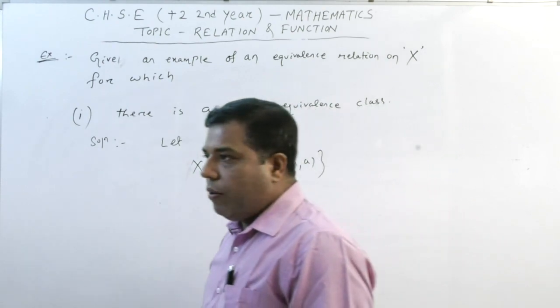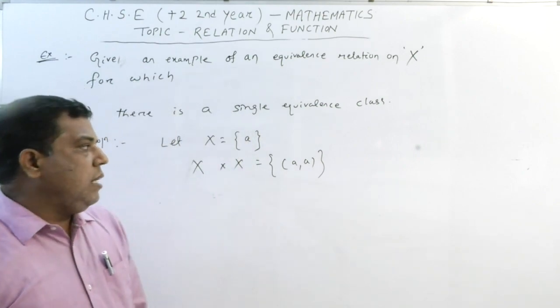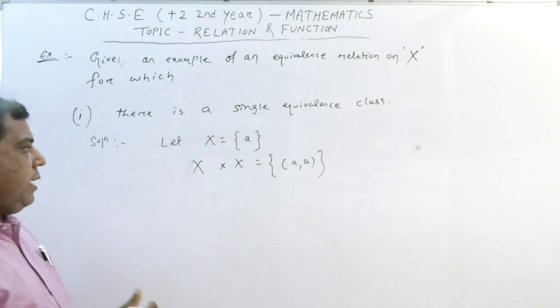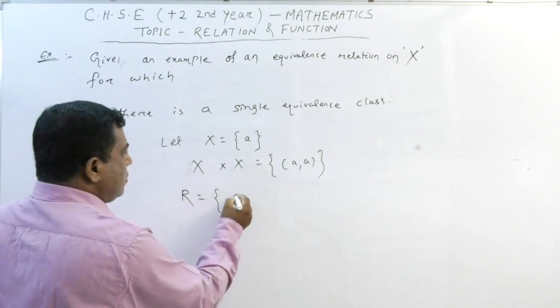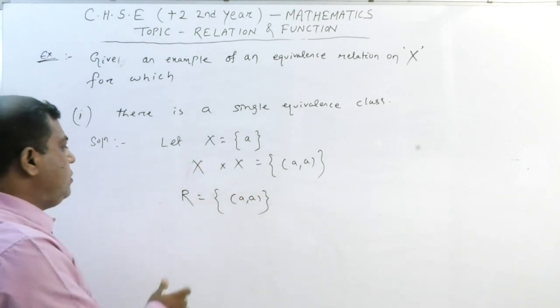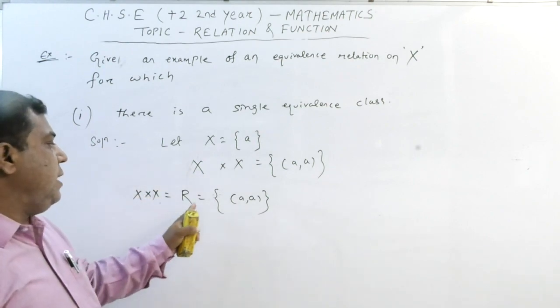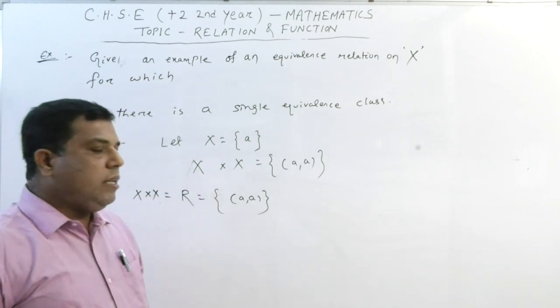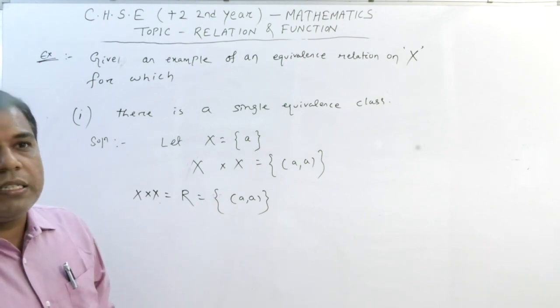Now you can verify this is an equivalence relation. We will take a relation R which consists of those ordered pairs, so this is itself equal to X cross X. It is itself the equivalence relation. Yes or no?